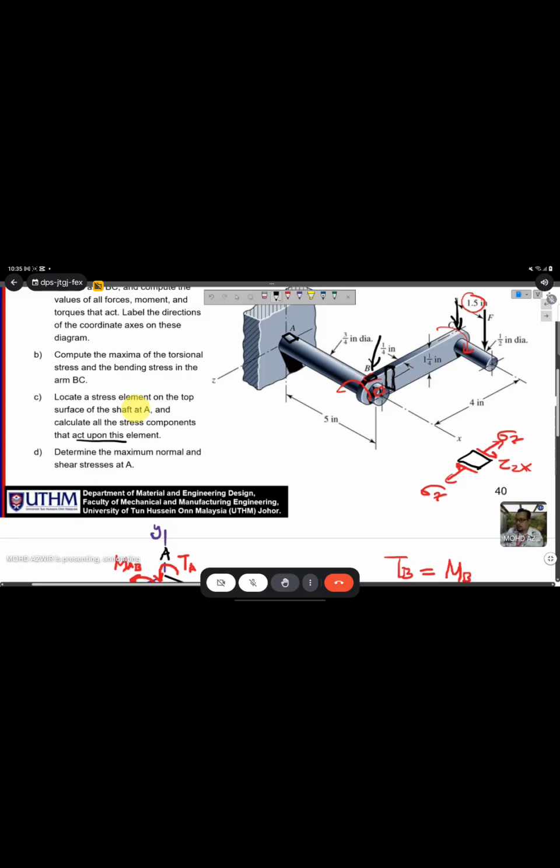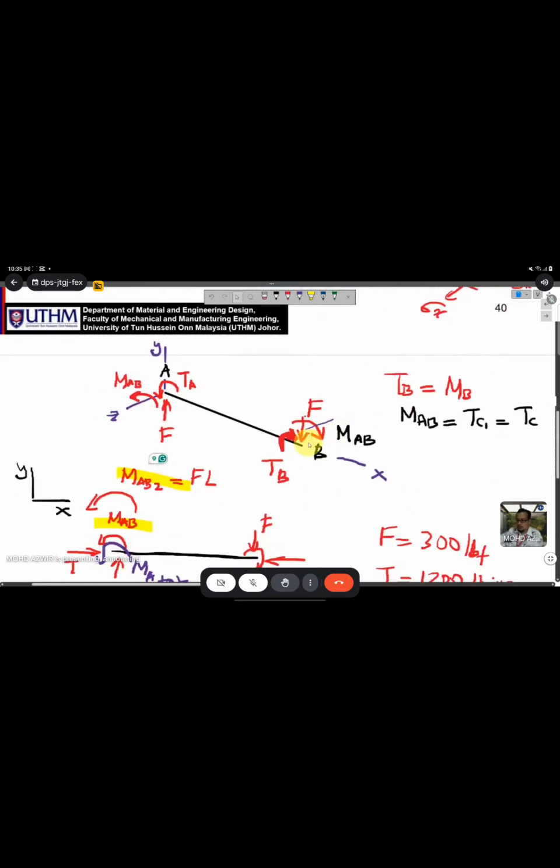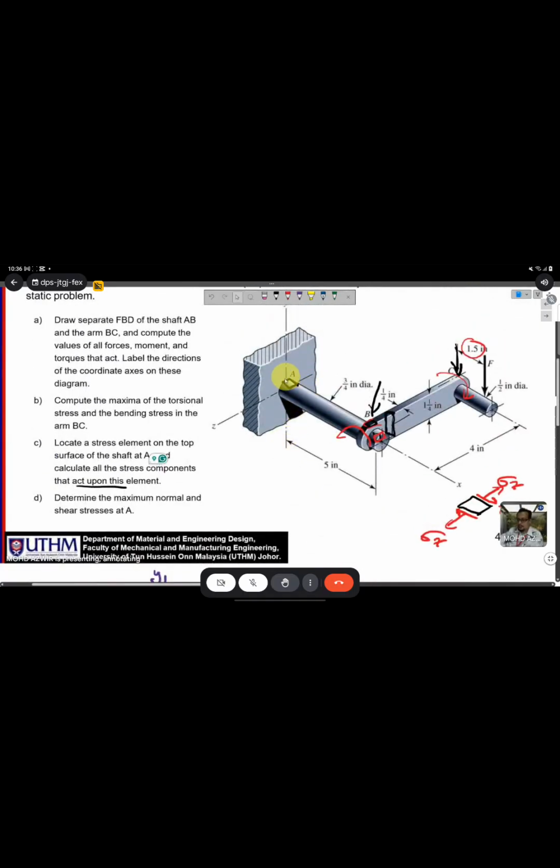Because we have three loads at B, you can see at B we have a force acting downward, a bending load, and a torsion load. All these forces will produce stress at point A, at the top.